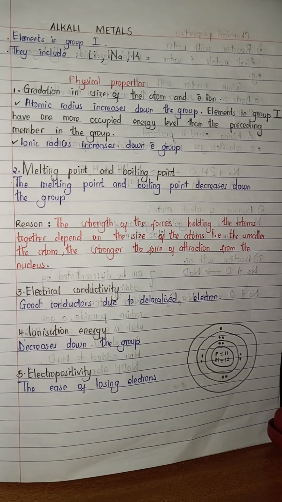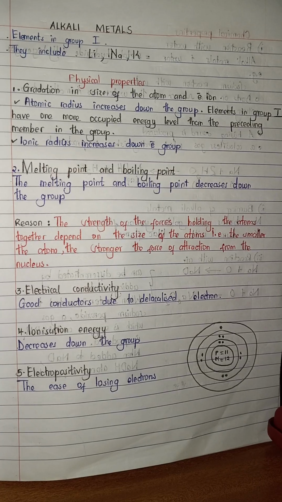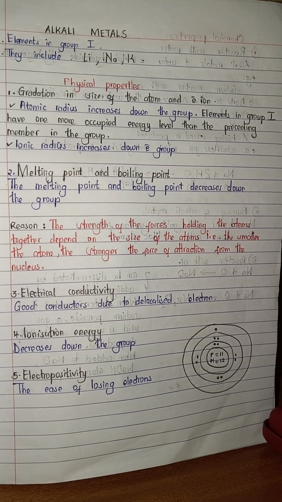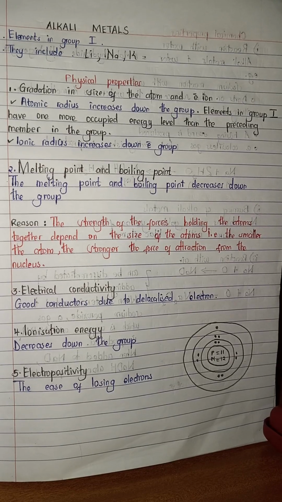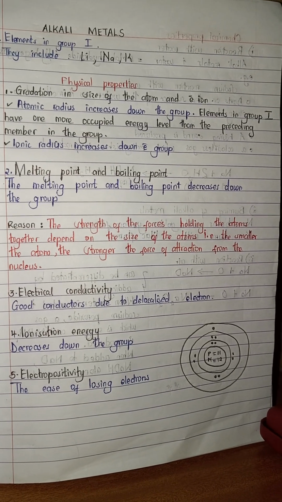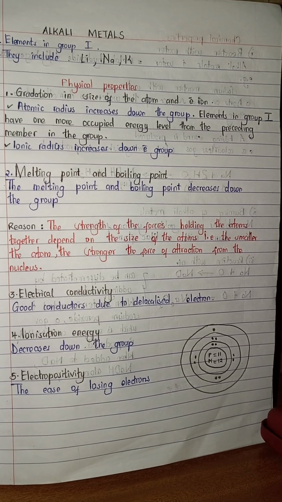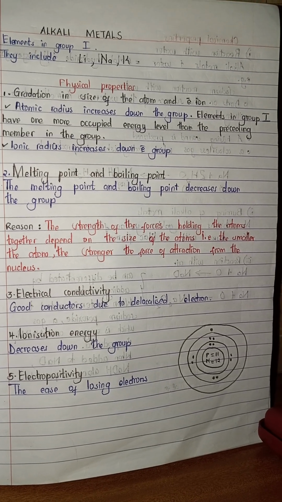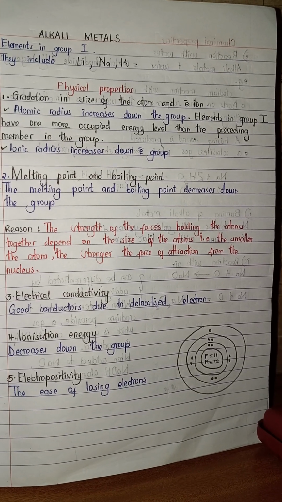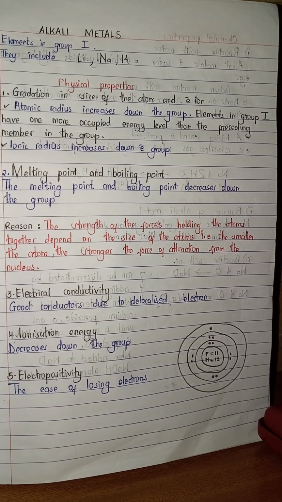Number 2 property is the melting point and boiling point, whereby the melting point and boiling point decrease down the group. The reason for that is that the strength of the forces holding the atoms together depends on the size of the atoms. That is, the smaller the atom, the stronger the force of attraction from the nucleus.